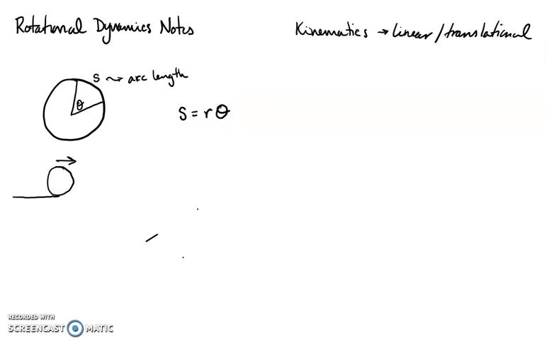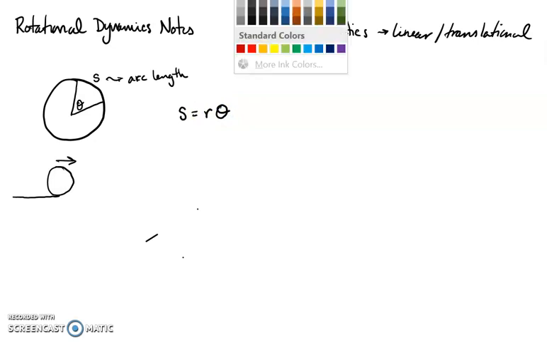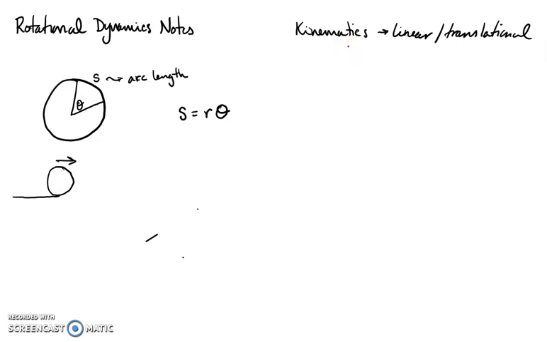Now we need a few caveats so we make sure that we're all on the right page. So let's get some fun colors. Again, this here is the arc length. This is our radius. That's a r, not a s. And then this is our angle in radians, not degrees.